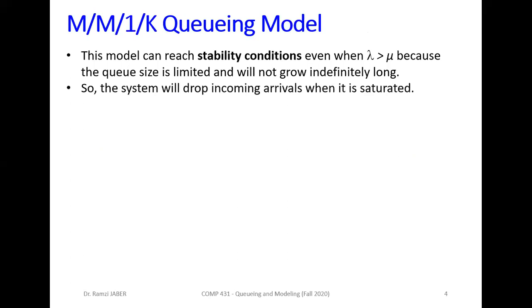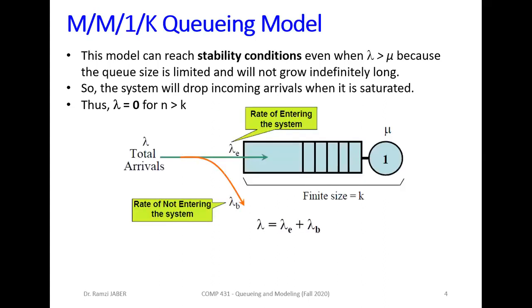So the system will drop incoming arrivals when it's saturated. Thus, after saturation, we assume lambda equal to 0 for n bigger than K to calculate our equations. So this is the model, as you can see.